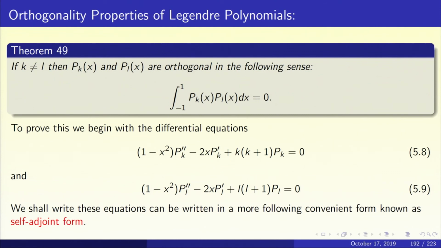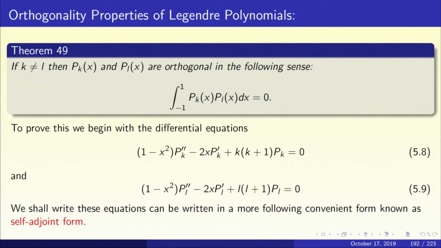If k is not equal to L, here k and L are non-negative integers. So I have taken two distinct non-negative integers k and L, and the Legendre polynomials pk of x and pl of x are orthogonal on the interval minus 1, 1 in the following sense. Integral minus 1 to 1 pk of x pl of x dx equal to 0.